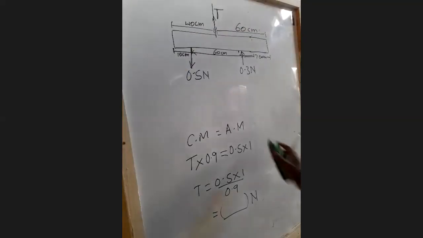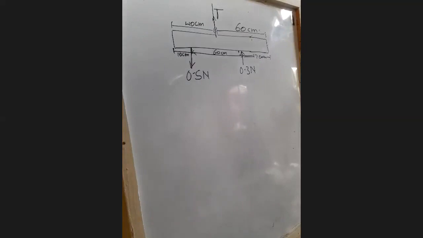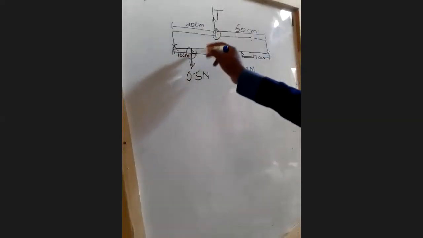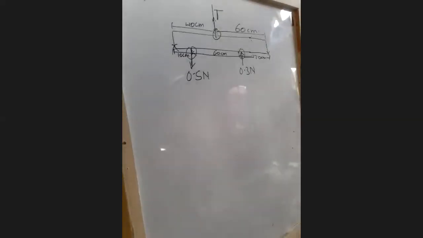Now, this is a case where we have the three forces acting, and we can take moment either at the end, or we can take moment at the point where the forces are acting. I've always said that take your moment either at these ends or where the forces are acting. Those are the only points where you can take your moment. That means that position that you're going to make, that is a position that you're going to put your pivot.